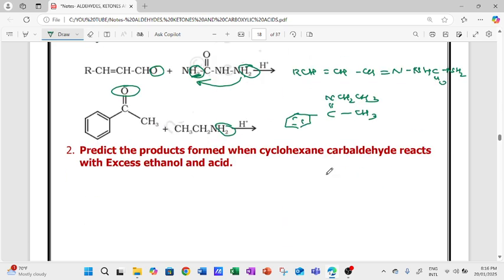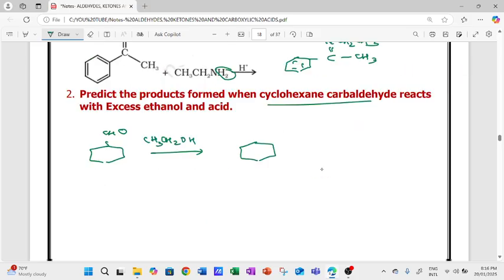And the last question. Predict the product when cyclohexane carbaldehyde, CHO attached with cyclohexane, reacts with excess ethanol. Ethanol is CH3, CH2, OH. This is alcohol reaction. So during the reaction, we write the CH double bond O this way. So the bond breaks in this way and H plus is leaving and this O minus CH2 CH3.